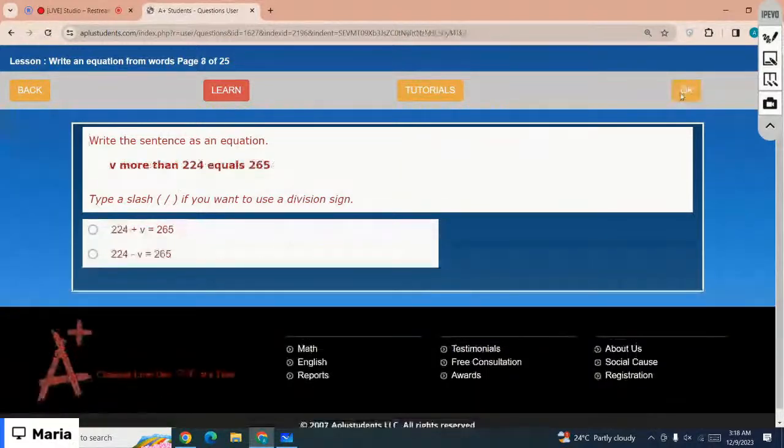V more than 224 equals 265. So which is the correct option? So the correct option is 224 plus V equals 265. Option number 1 is the correct option. Got it?